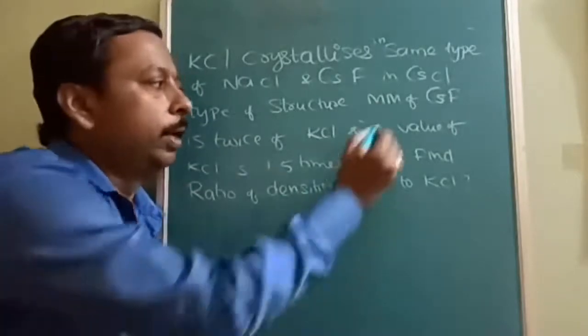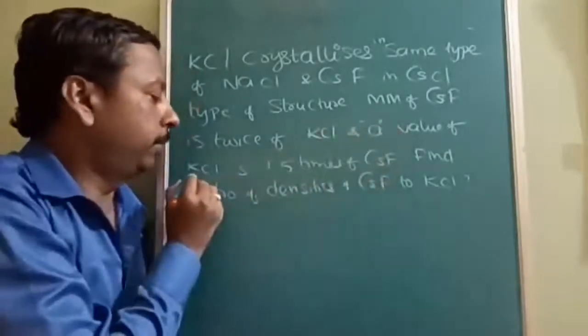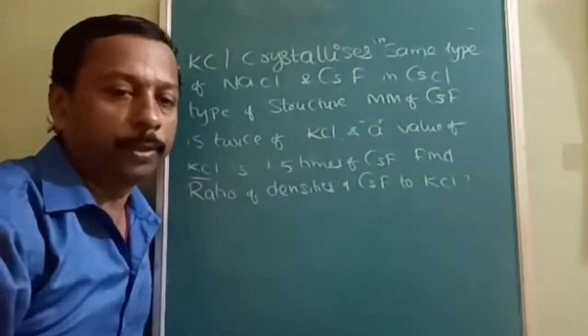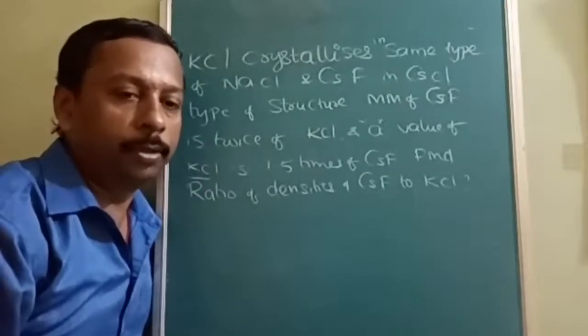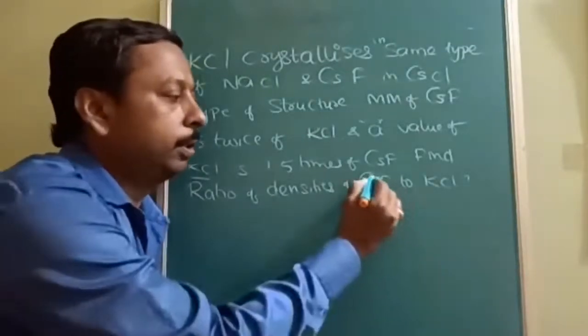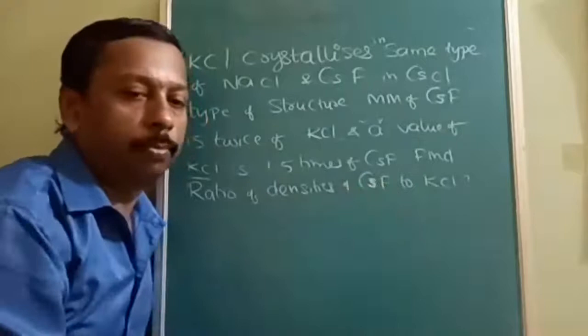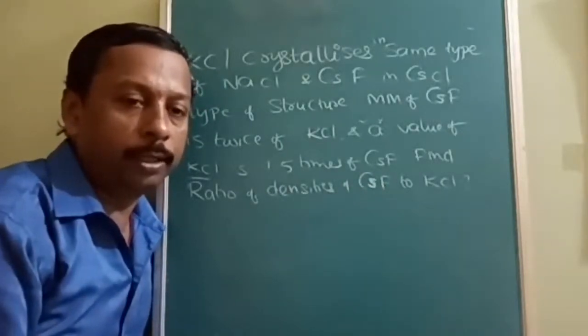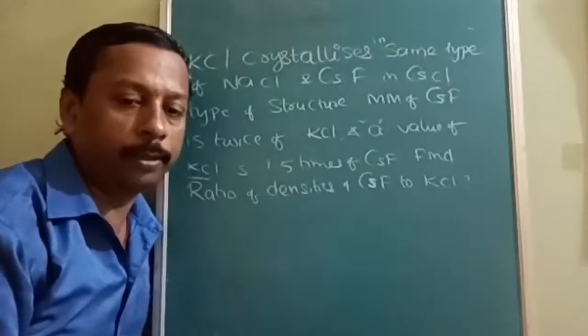And the A value, the edge length of potassium chloride, is 1.5 times that of cesium fluoride. Now you have to find the ratio of density of cesium fluoride to potassium chloride. In the numerator you keep cesium fluoride, in the denominator potassium chloride. Okay?